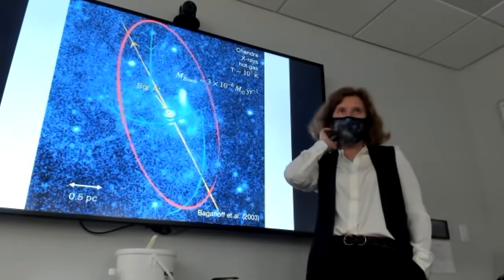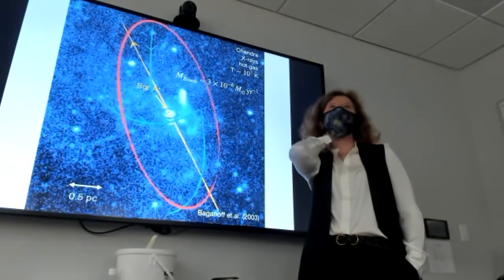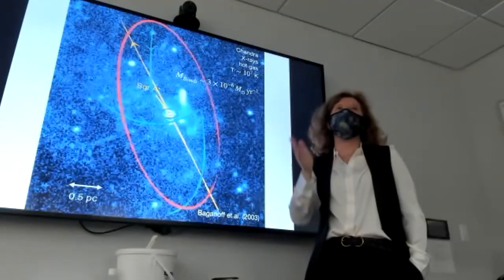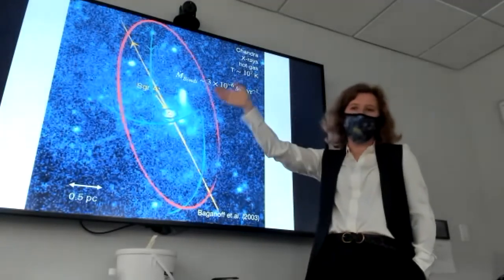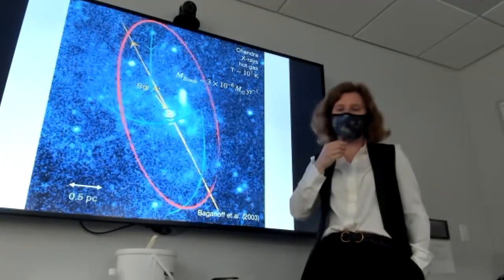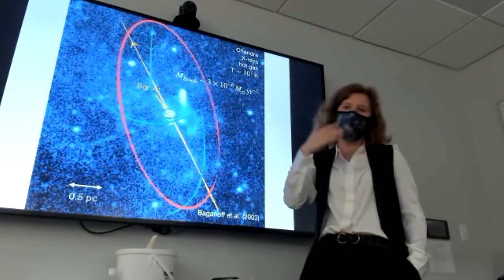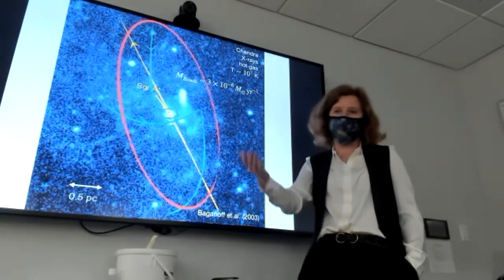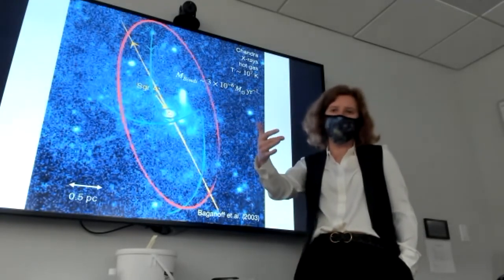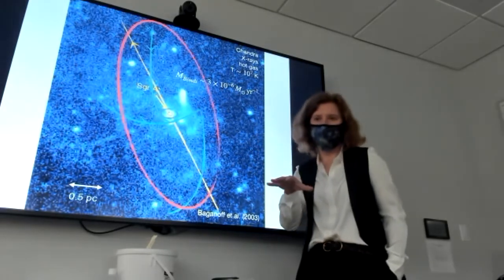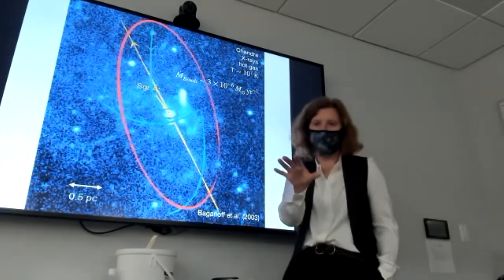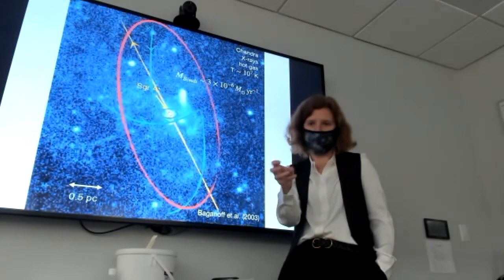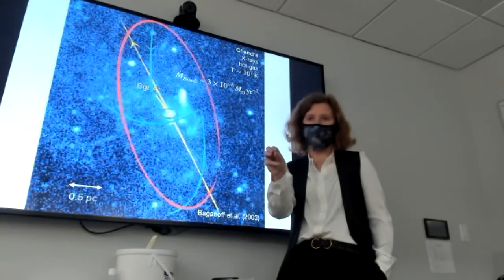So I think answering your question, we know that some time ago Sagittarius A star was more active than right now. That's in itself an interesting question, but my current interest is mostly about what we see right now and what we can constrain about the physics of Sagittarius A star.